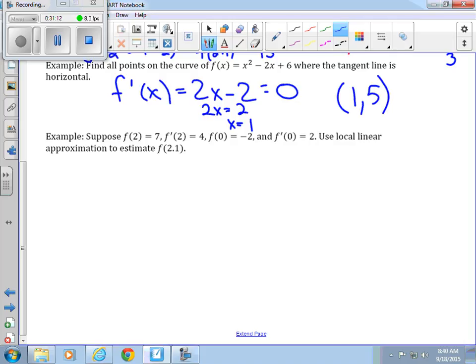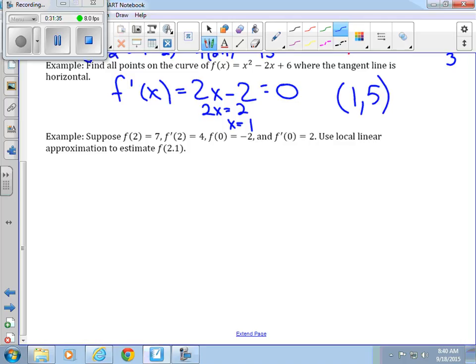Anytime you hear local linear approximation, it's saying use a local line or a tangent line. So it's saying approximate this using a line. The reason they say local is because it has to be close.